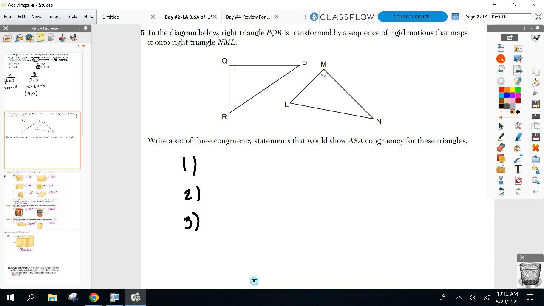Go ahead and write down. Well, first, how many pairs of angles do you need? You definitely need 2, and then the side has to be where? In between them. Multiple answers here, but it's got to be angle, side, angle: 2 angles and the side in between. Write them out that they're congruent.